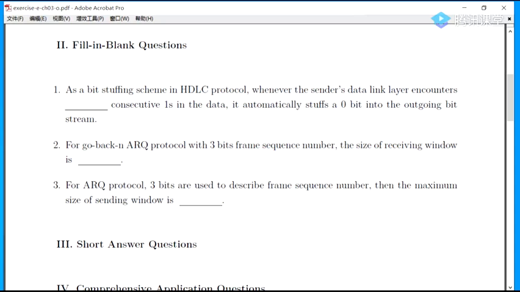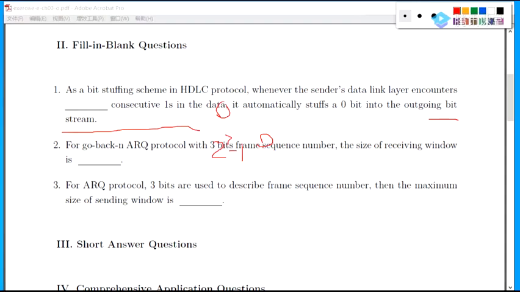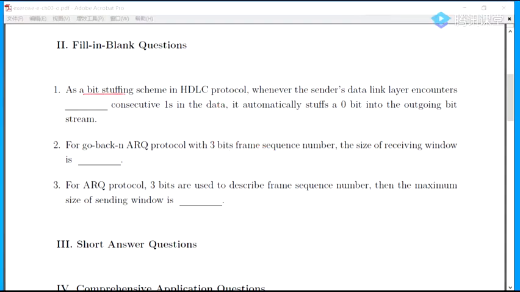In HDLC, if the sender's data link layer encounters 5 consecutive 1 bits in the data, it automatically stuffs a 0.